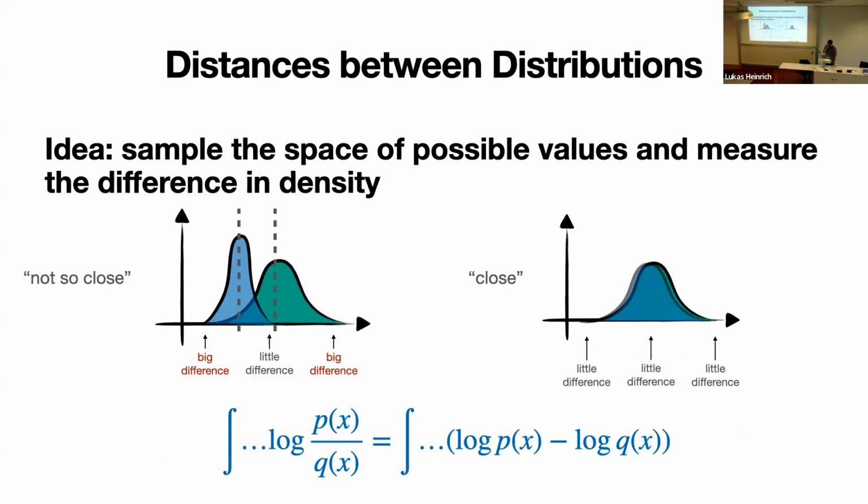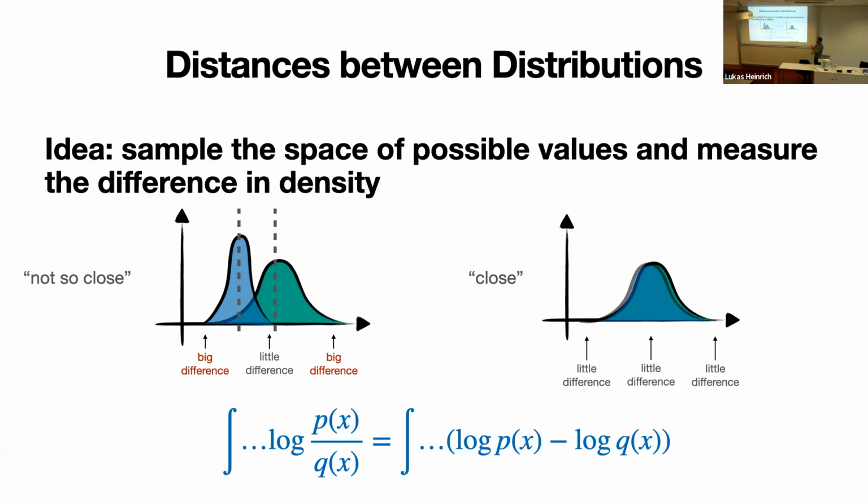Basically, one idea you can have is to sample the space, because the distributions describe a possible space of outcomes, right? So you could look at all the possible outcomes, and at each possible outcome, compare the probability for this outcome.